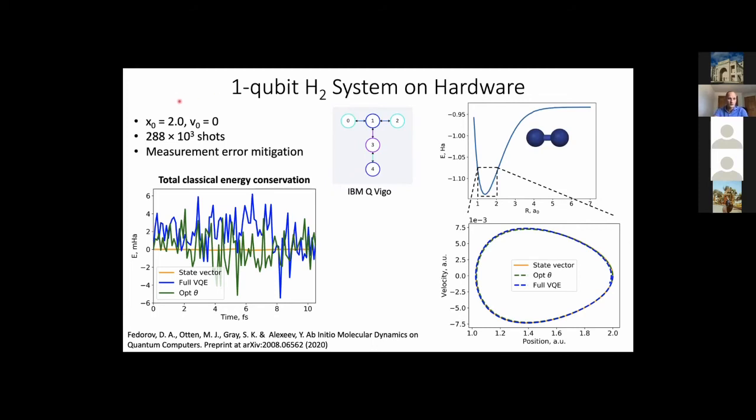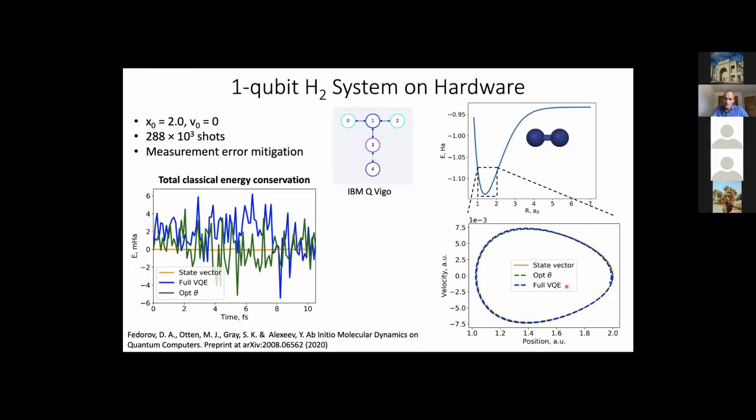So we ran this trajectory starting at the internuclear distance of 2 Bohr with 0 velocity, and we can show the trajectory for this one-dimensional system using this plot of velocity versus position, where you get this closed loop if your calculation is accurate enough. So here the orange curve is the state vector simulator, which is essentially the exact solution.